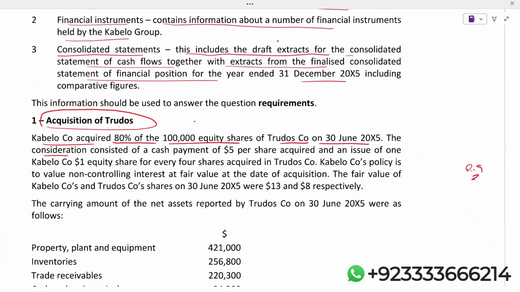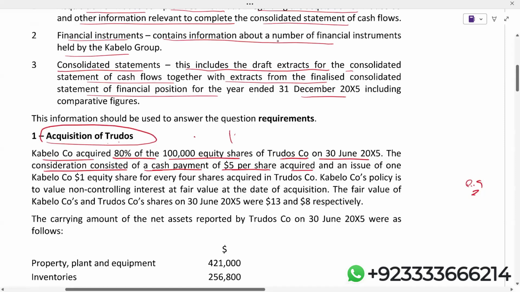The consideration consists of a cash payment of $5 per share acquired. Now stop. Kabelo acquired 1 lakh shares, 80% of that. So we got 80% of 100,000 shares.